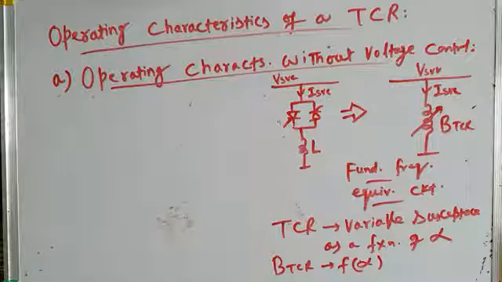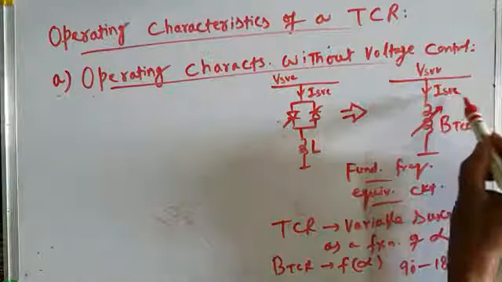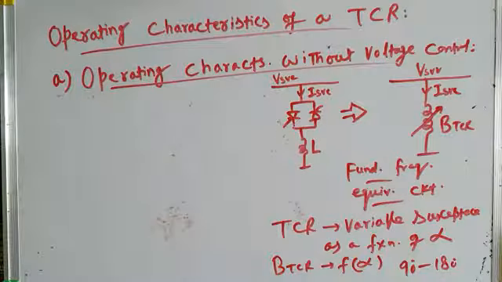When you control alpha from 90 degrees to 180 degrees, you are able to change the susceptance of TCR over a wide range, and therefore ISVC varies continuously and smoothly, and hence the reactive power absorbed by TCR also varies. We can make it vary.